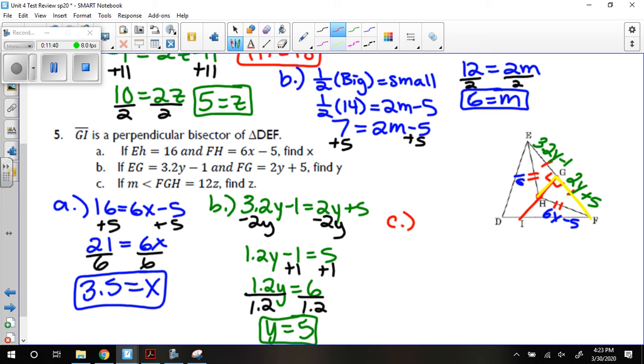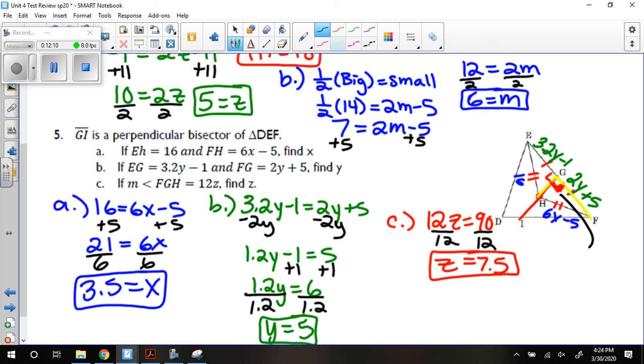So for part C, we are using this 90-degree angle in FGH, so it'd be 12z equals 90, and you would divide by 12. You would get z is equal to 7.5. And that's because they told us that this angle right here was 12z, which we knew was a right angle.